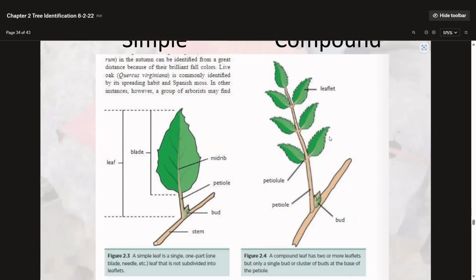And then the leaflets come off the rachis, okay? So a compound leaf has 2 or more leaflets, but only a single bud or cluster of buds at the base of that petiole, where a simple leaf is a single, one part, one blade, needle, etc. leaf that is not subdivided into little leaflets. Okay? Makes it easy. When you can see a diagram, that helps me remember a lot better. But study up on this because you may see those questions pop up. Okay?